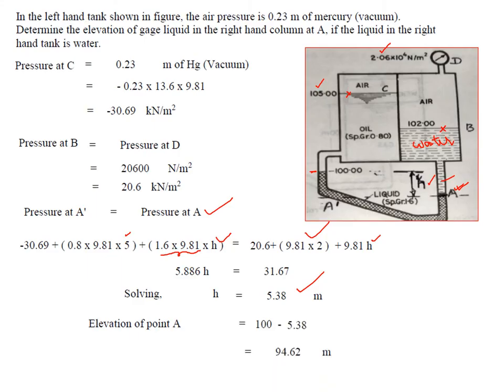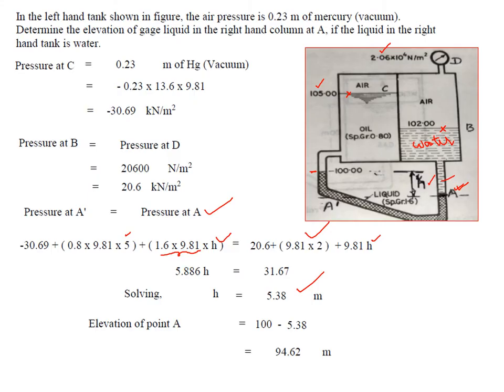So again the problem is slightly similar to the previous problem, except that there the elevation of a point was asked, here also elevation of a point was asked, but the only thing is, please remember here that the pressures in both the compartments were given.